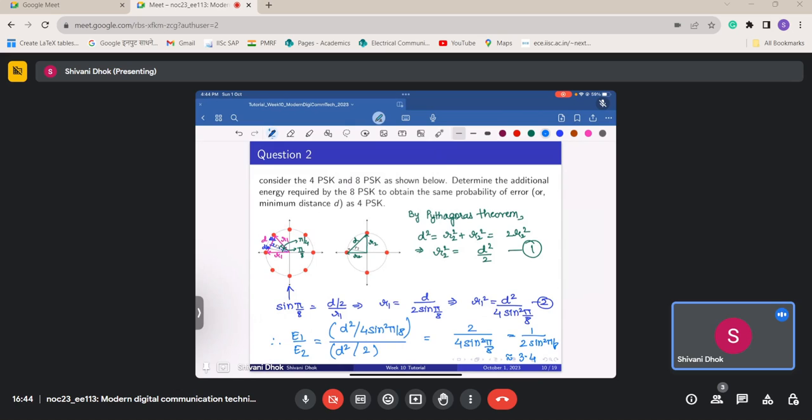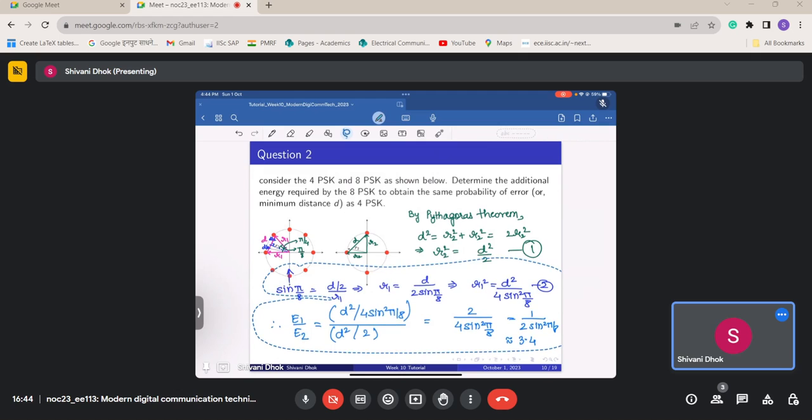So what does this mean? To just take this entire thing a little bit upwards and remove this.